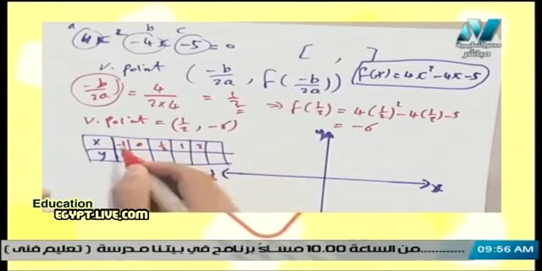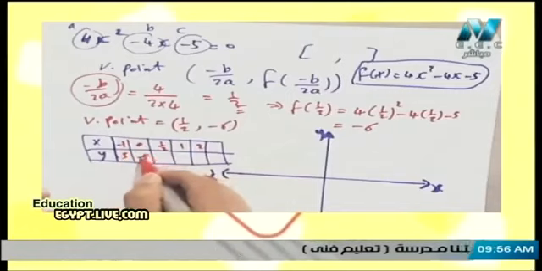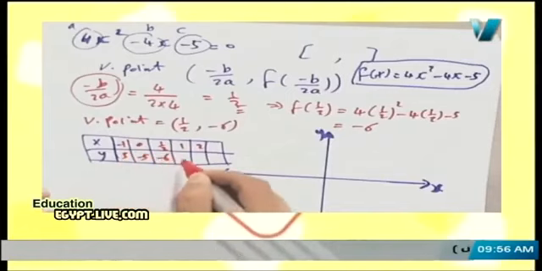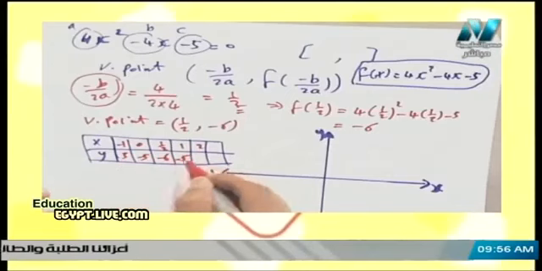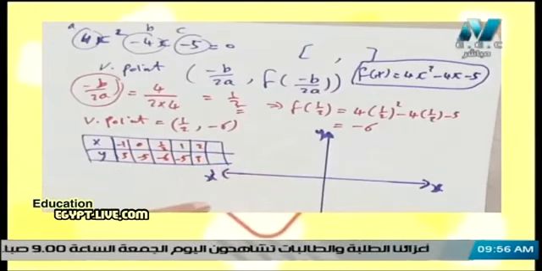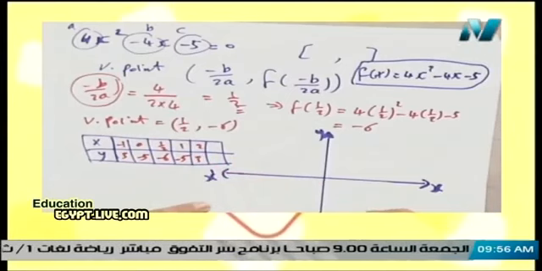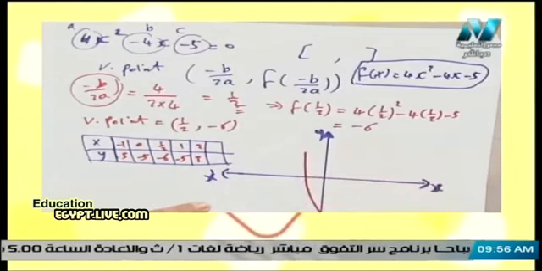You will find that for negative 2, y equals 3, here negative 5, negative 6, negative 5, and 3. And you will find that this curve will take this figure.